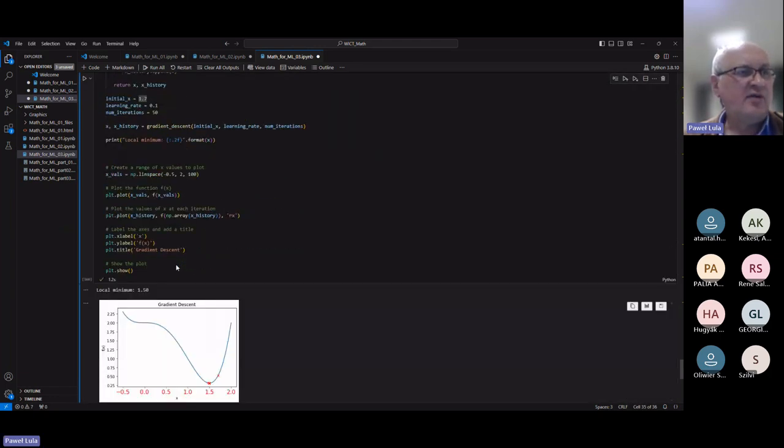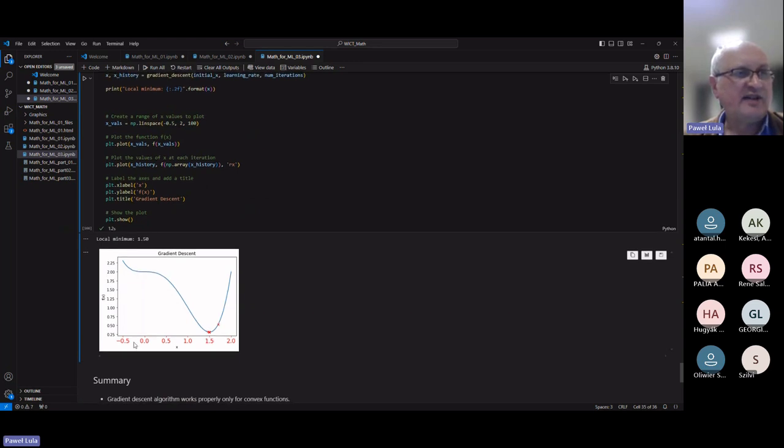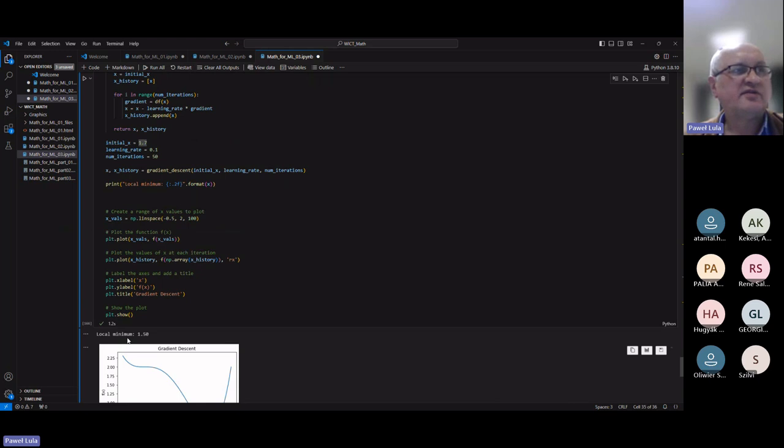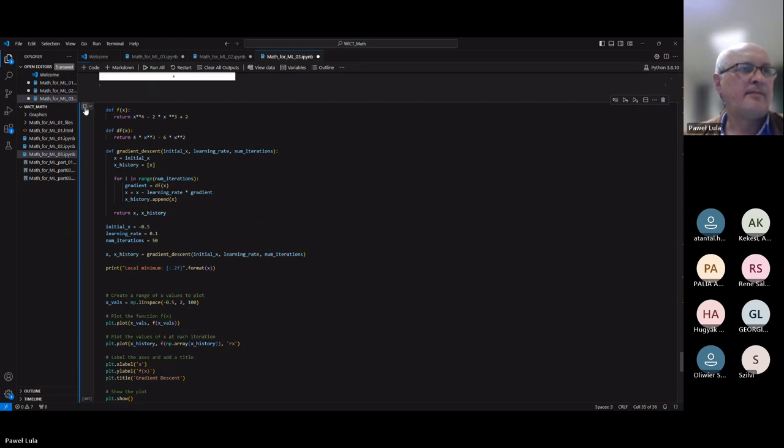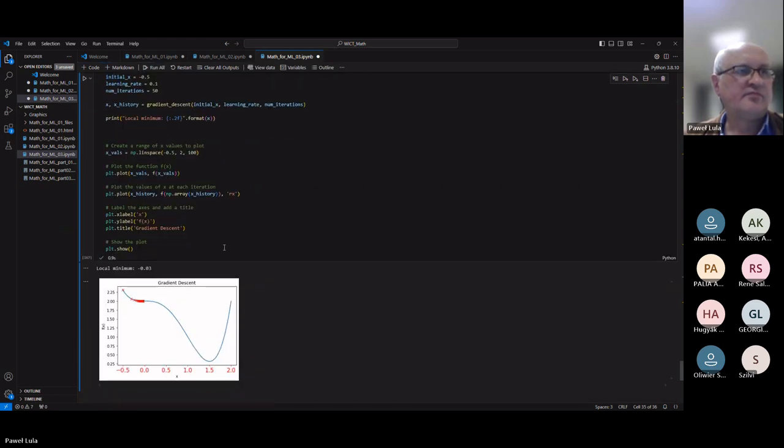But now I will change the starting point to this point, minus 0.5. It is the biggest problem which I had here. We started at this point, and we found a minimum.